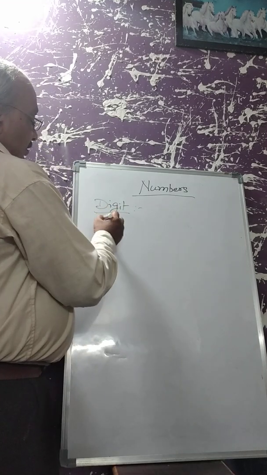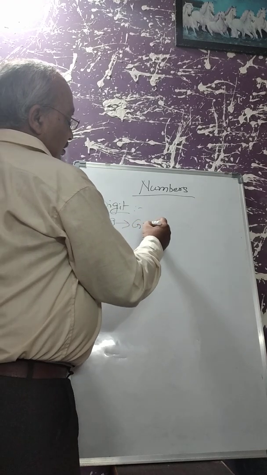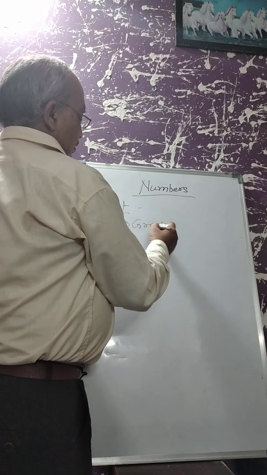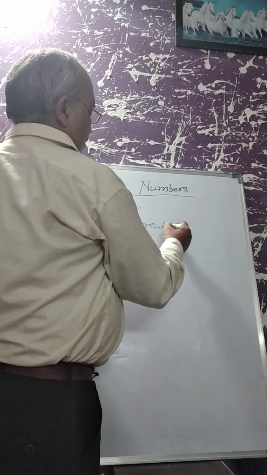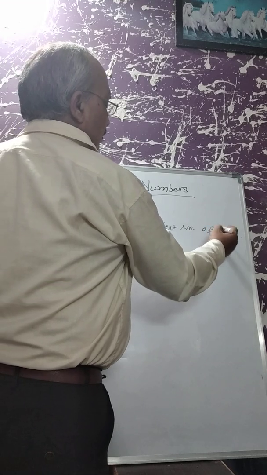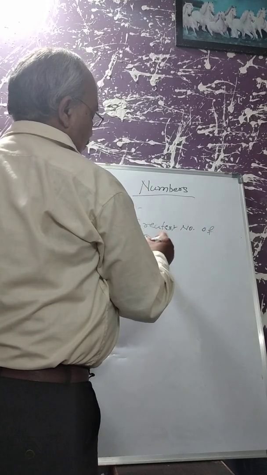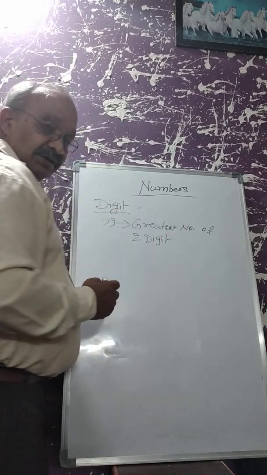So we have found that 99 is the greatest number of 2 digit.